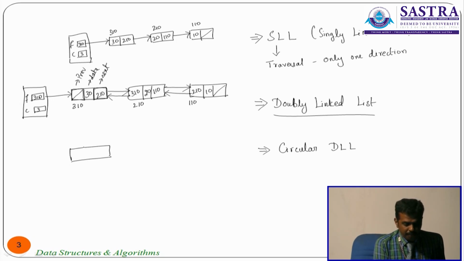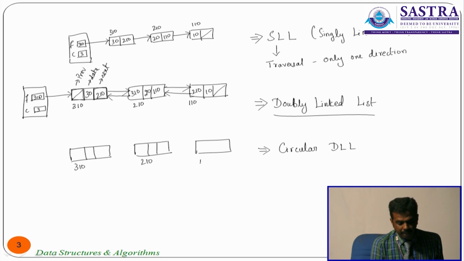3 nodes having 310, 210 and 110, and the data is 10, 20 and 30. We know these things: this node knows that the next is 210, this node knows who is the previous, that is 310, and who is the next, that is 110, and he knows the previous, that is 210.